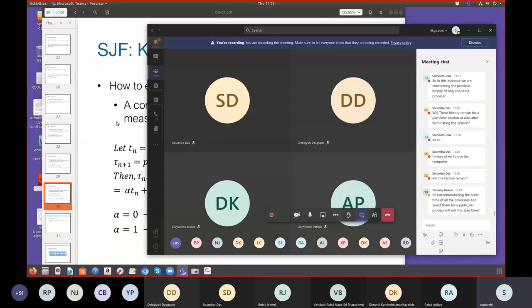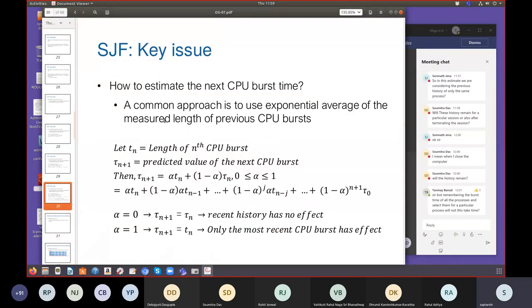Tanmay is asking, remembering the burst time of all processes and selecting them for a particular process, will this not take time? First of all, this slide does not tell of this. Tanmay, I'm not sure what you are asking about.